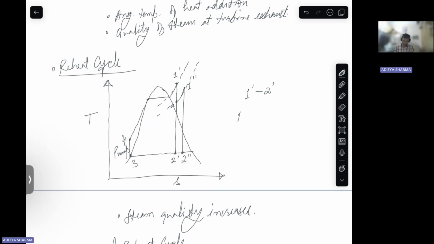One case is you are moving from 1 dash to A and then from 1 double dash to 2 double dash, right? So this becomes your numerator and this becomes your denominator. Okay, so this is your reheater.